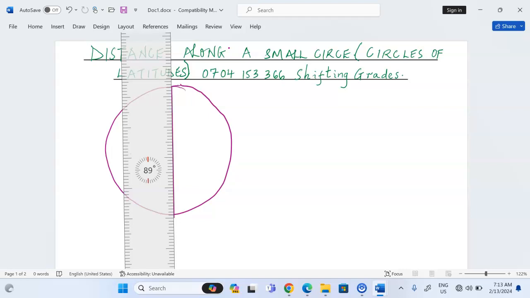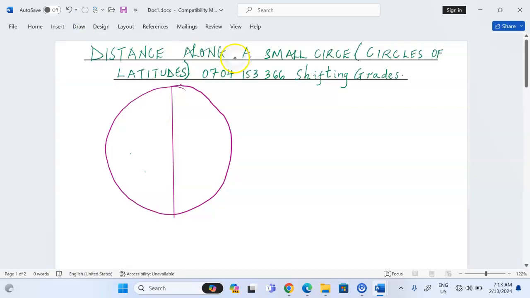Then we can talk of circles due to latitudes, with the reference latitude being the equator. This can be the latitude 0 degrees, the equator.